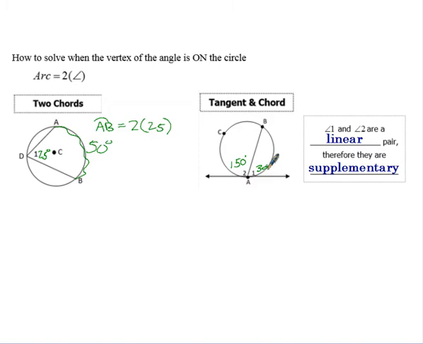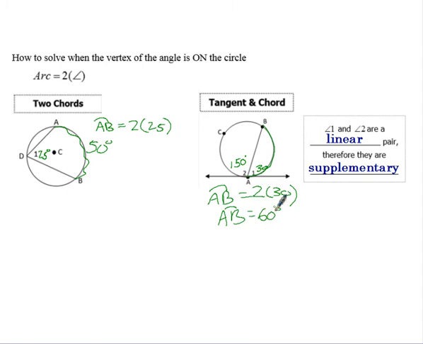Then if I said solve for arc AB, arc AB is this. Remember, it's a minor arc. So again, arc equals 2 times the angle. The angle on the intercepted arc there is 30, so 2 times 30. Arc AB would be 60 degrees.